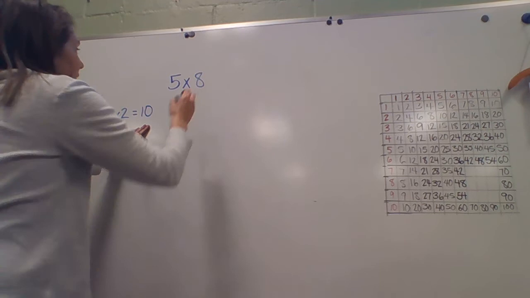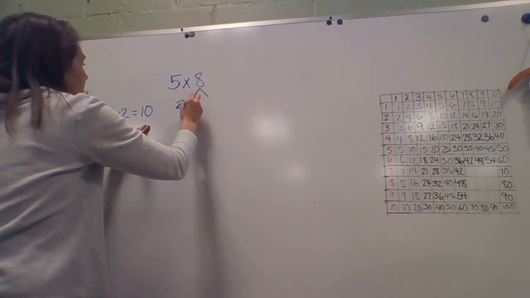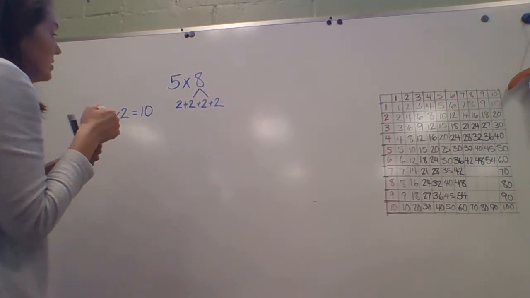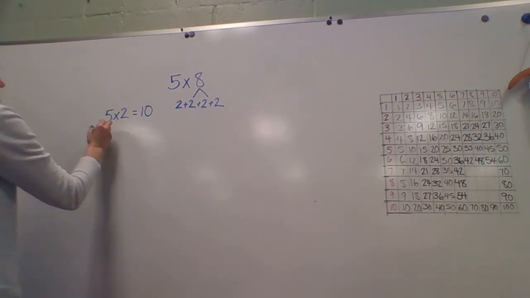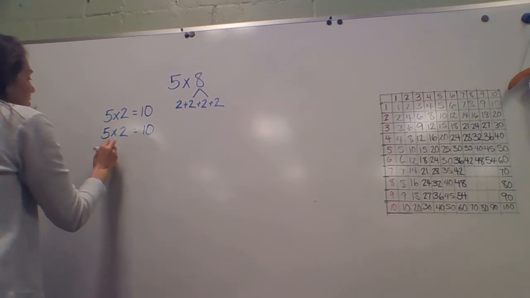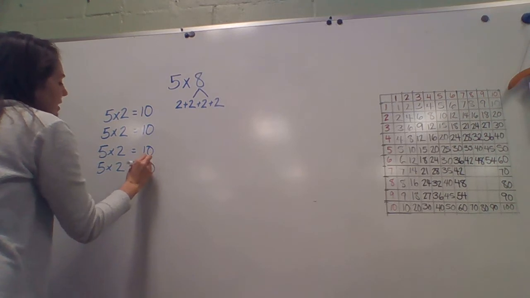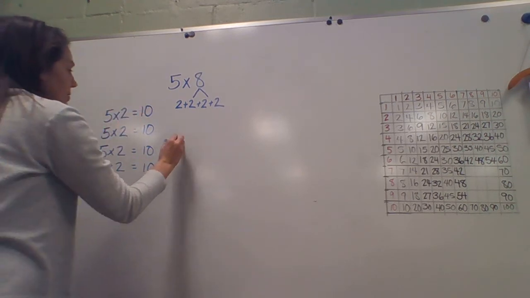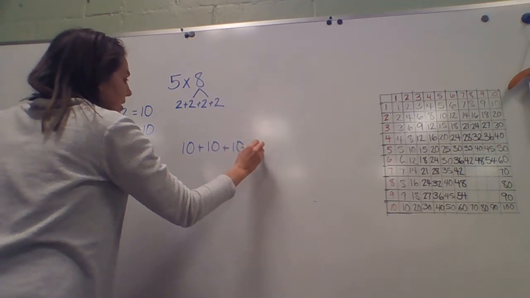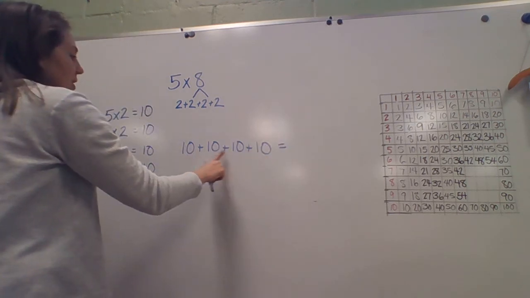So we're going to think about 8 as 2 plus 2 is 4, plus 2 more is 6, plus 2 more is 8. So really, I'm going to think about it as I have 5 times 2, 1, 2, 3, 4 times, or I'm adding up 10 plus 10 plus 10 plus 10, 10 4 times, 10, 20, 30, 40.